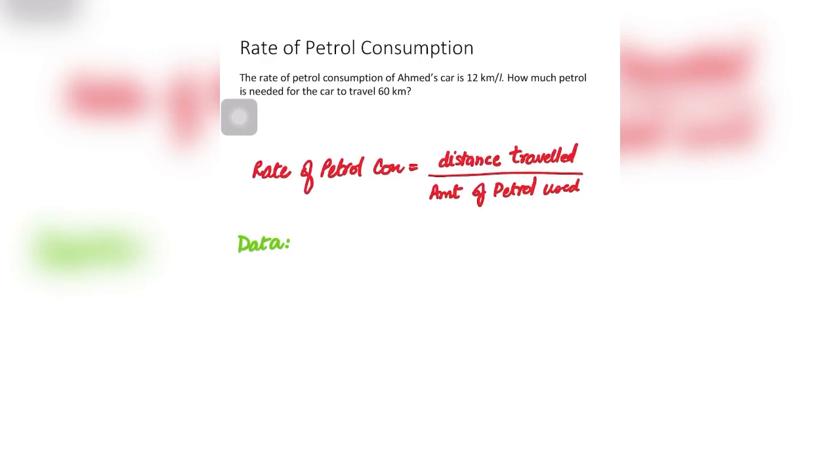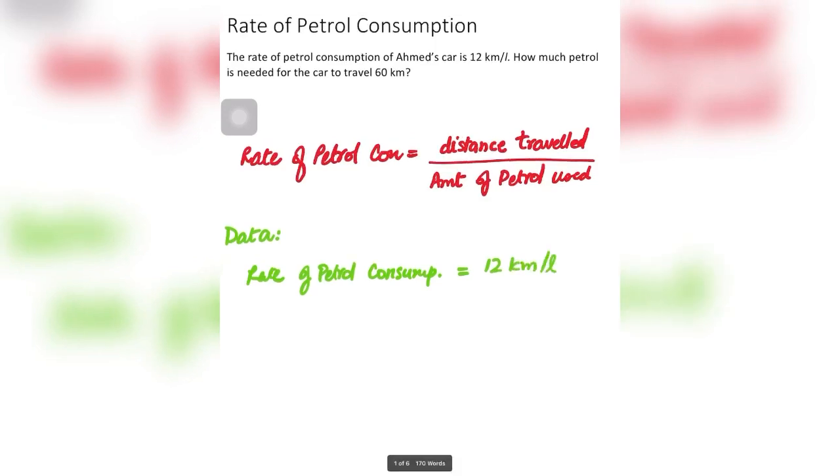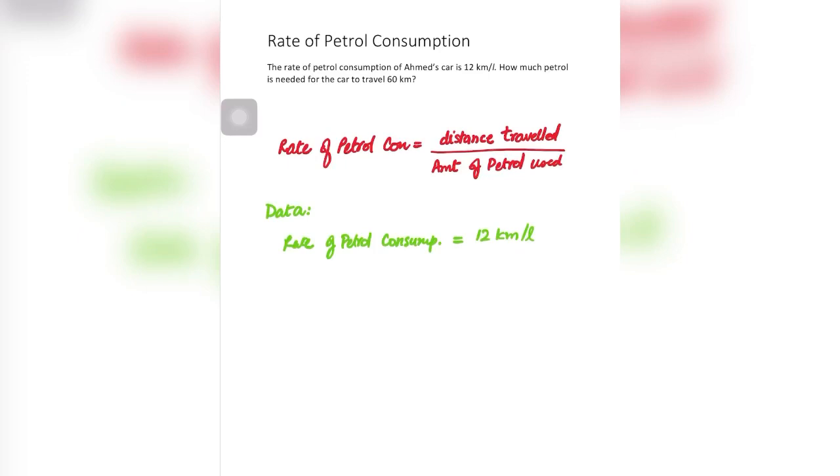Okay, so what do we have? We have a rate of petrol consumption given, which is 12 kilometer per liter, meaning that in 1 liter his car can travel up to 12 kilometers. And what do we have? The distance traveled is given.